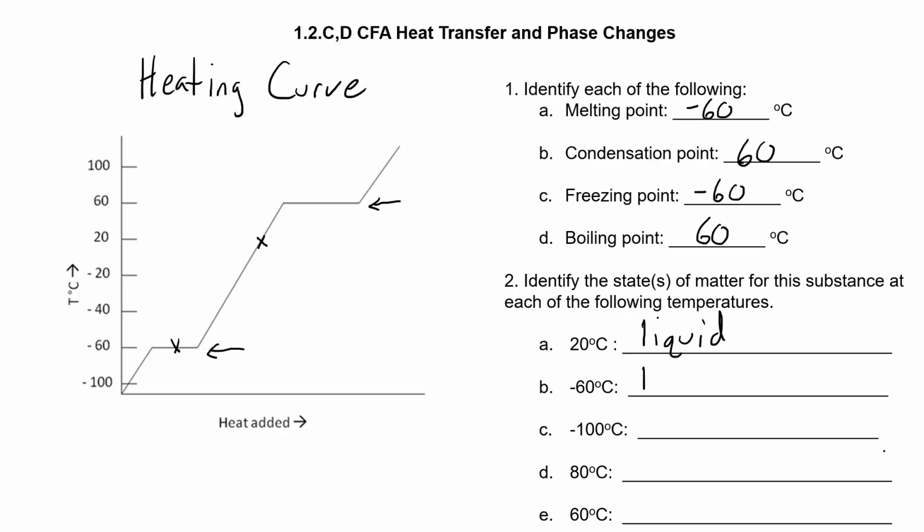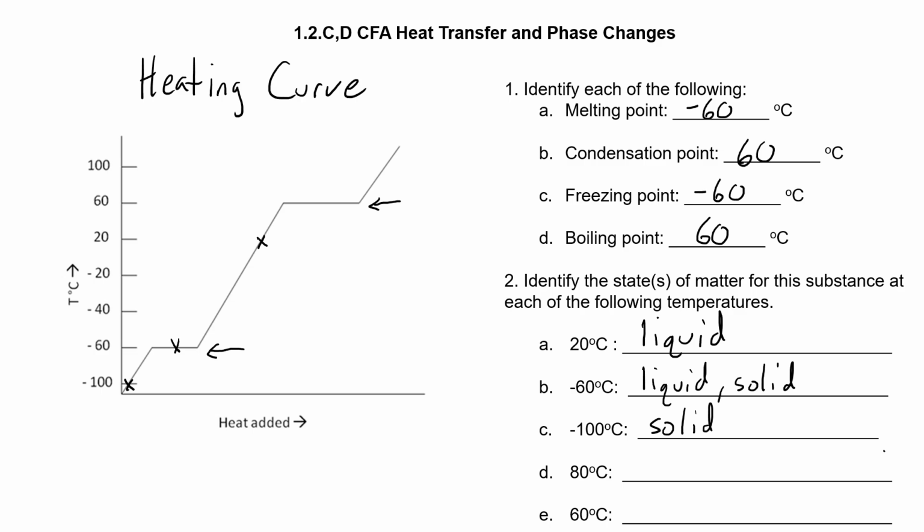So we have both a liquid and a solid. Both of those are present here. At negative 100 degrees Celsius, here on the graph, this indicates just solid. Note that when you have a sloped line, you can only have one phase of matter present.